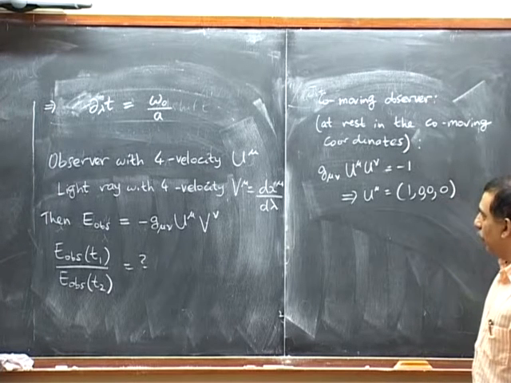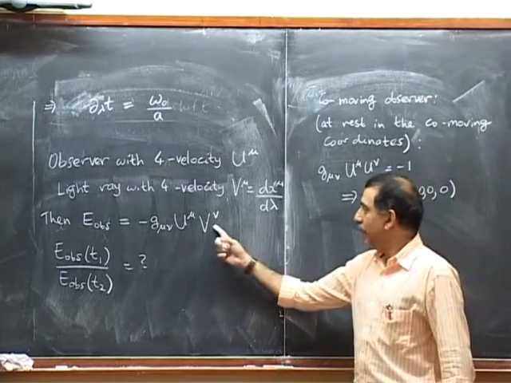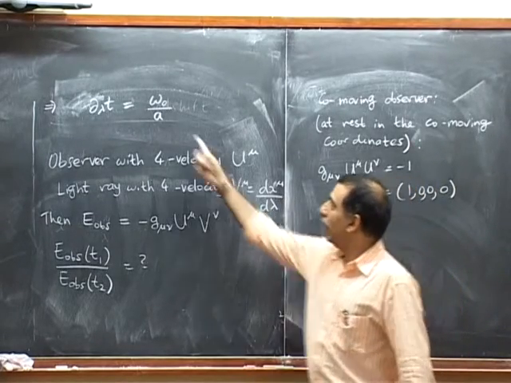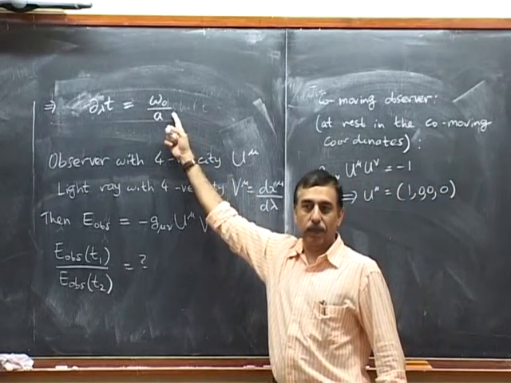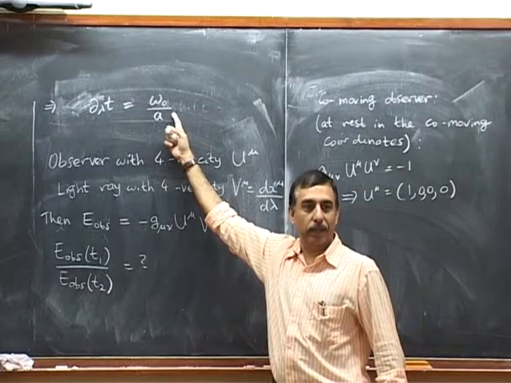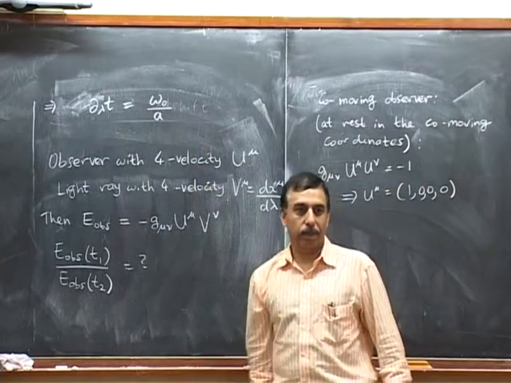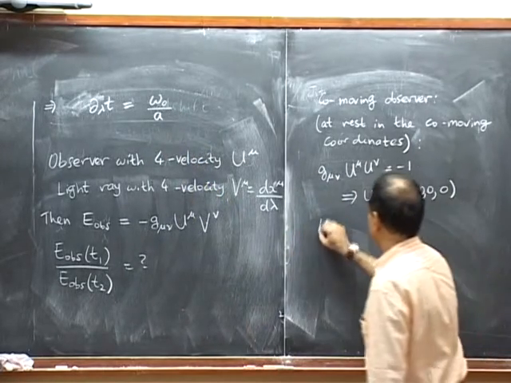What will happen instead is that V, which is dx by d lambda, has this form, dependent on the scale factor A. This will be the source of the redshift. So we can write down E observer now.